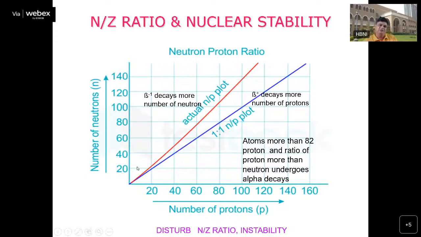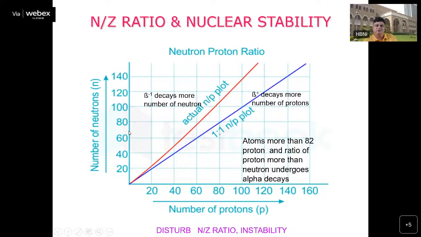This is a theoretical picture with a 1:1 N by P plot, but in actuality the graph comes out like this, and all these stable elements lie along it.